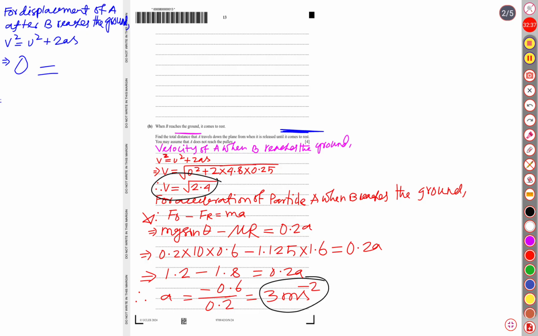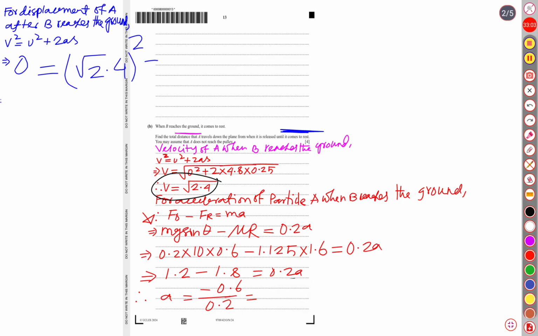We have already obtained the initial velocity, which was square root of 0.24, squared. And minus, why are we using minus? Because it was negative. It is no more positive, this is also negative.